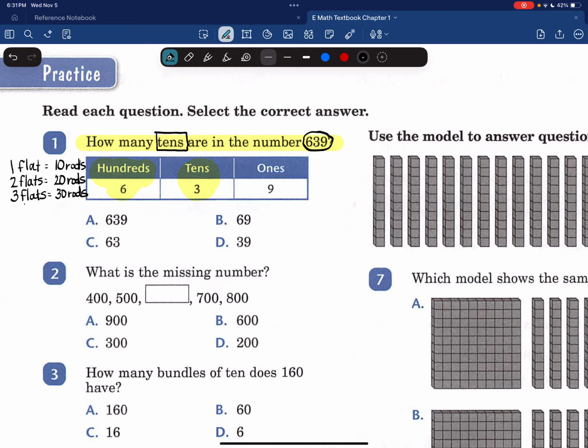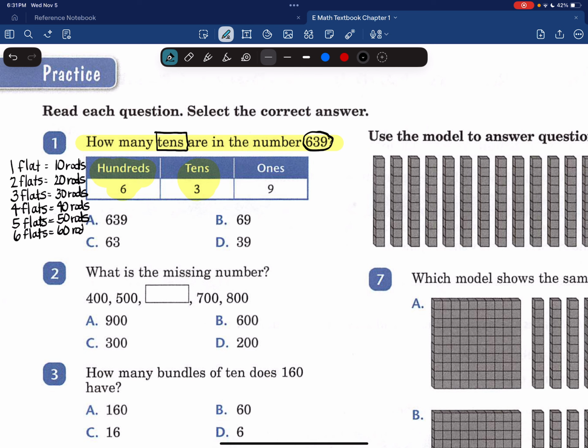And I'm not going to do, well, let me just go ahead because I'm supposed to. 4 flats would be 40 rods. See how I'm counting by tens? 5 flats would be 50 rods. And I'm not taking shortcuts. That's important. Once you become an expert at this, you can take shortcuts.